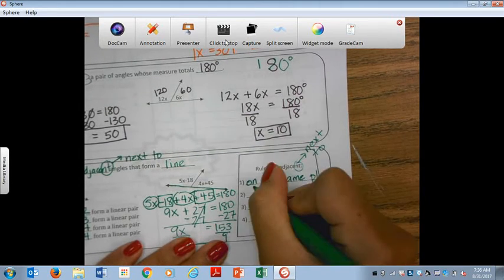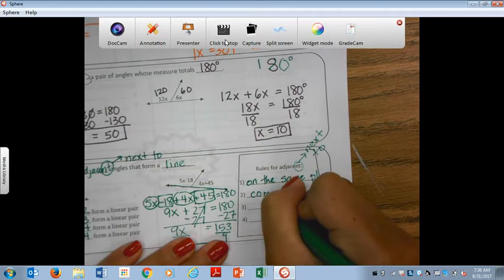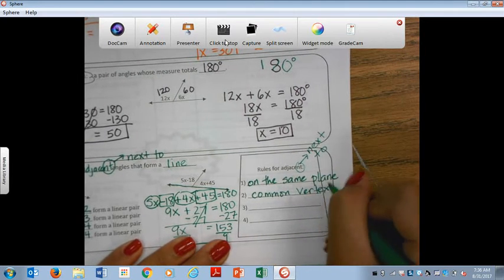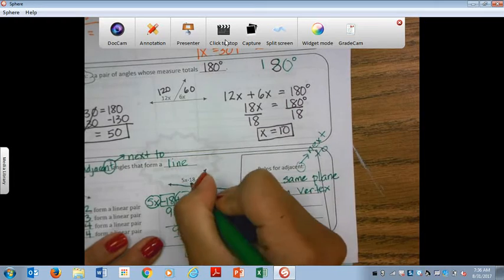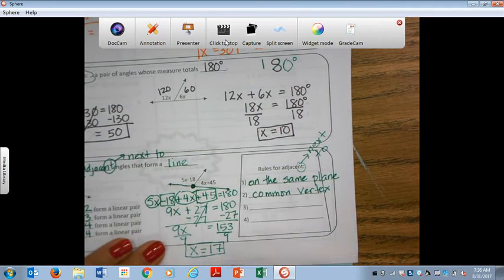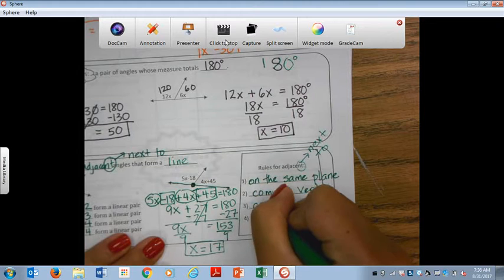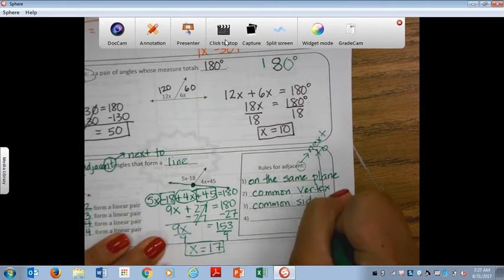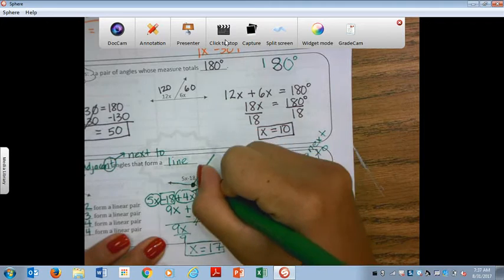They have to have a common vertex. So here on these adjacent angles, here's your common vertex right here, that point. Number 3, they have to have a common side. Here is their common side, right there.